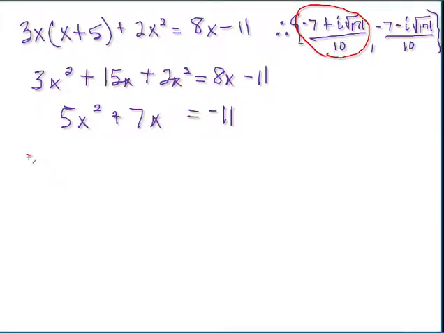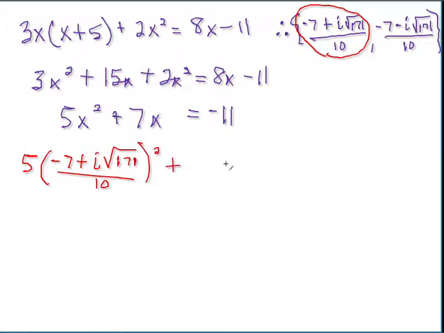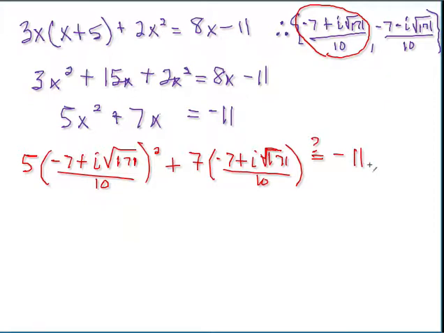What I'm going to show is 5 times (negative 7 plus i times radical 171) over 10, squared, plus 7 times (negative 7 plus i times radical 171) over 10. This is the question: is this equal to negative 11? And the answer is yes.